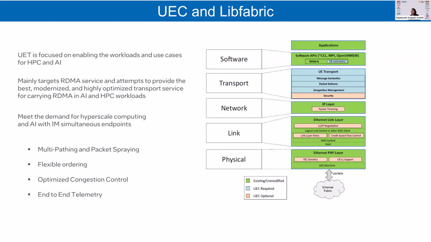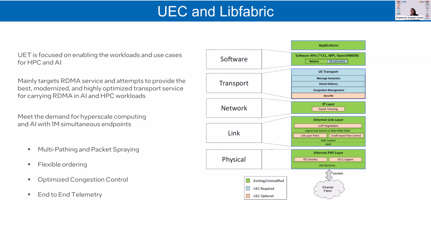We can see the physical layer at the bottom, link layer, network layer, transport, and software. In the software layer, we see that middleware libraries are stacked on Libfabric. So Libfabric is chosen as the API abstraction for Ultra Ethernet transport as well. As we showed in the initial slides, in the provider set we will eventually have one UET provider as well.